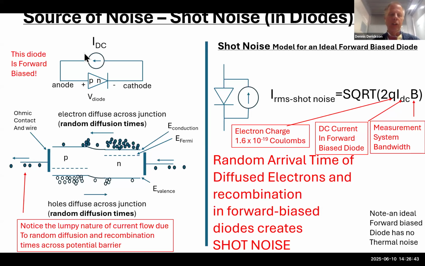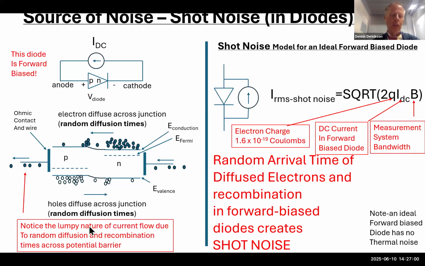So the more DC current we have flowing, the more shot noise we have. And also we have to take into account the measurement bandwidth. The larger the bandwidth, the more noise that will be allowed, and the more lumpy the noise will be. So I'll call this lumpy noise right here.